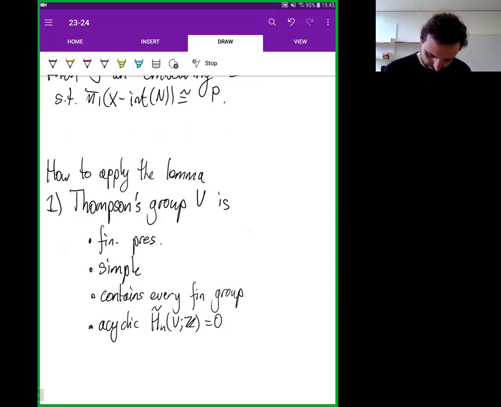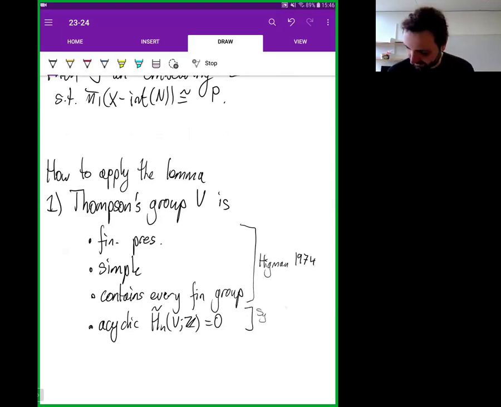So who are these due to? The first three are all due to Higman in 1974. And this last result is due to Szymik and Wahl. It showed up in Inventiones a couple of years ago, so this is very recent.